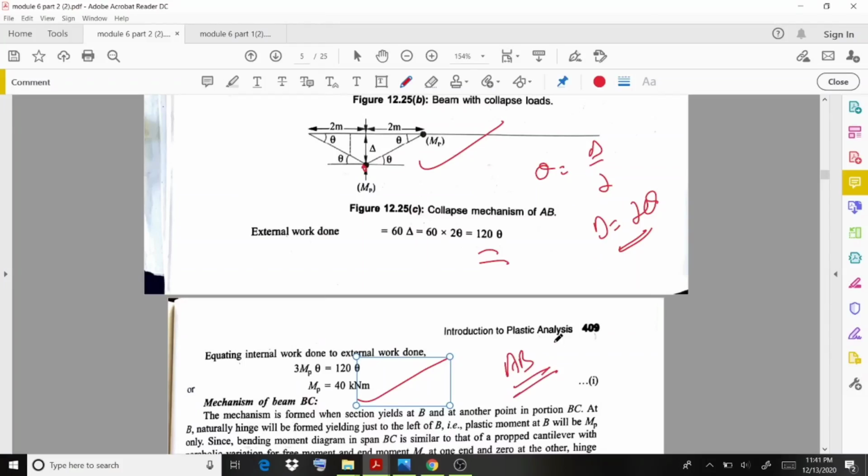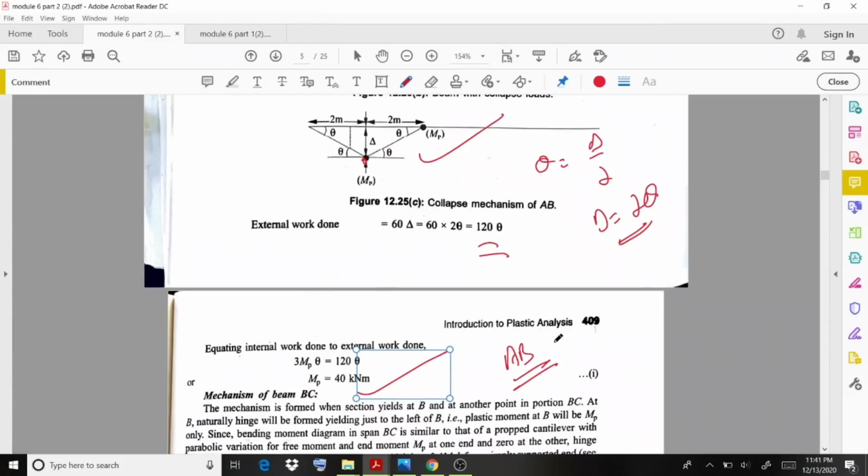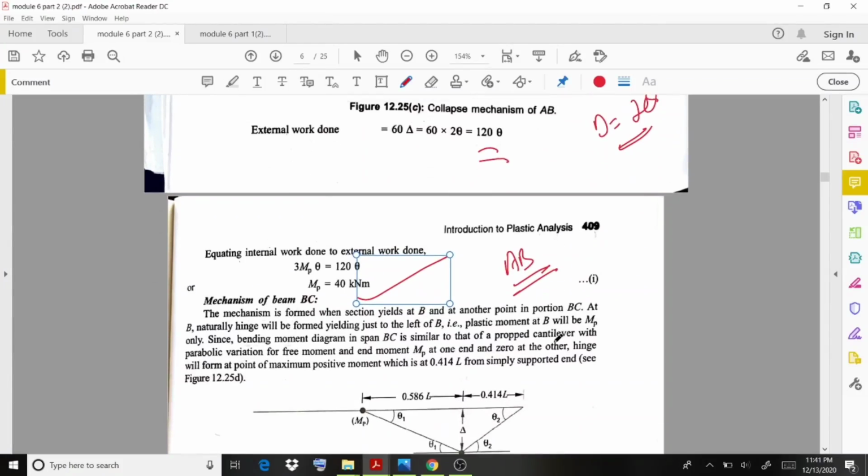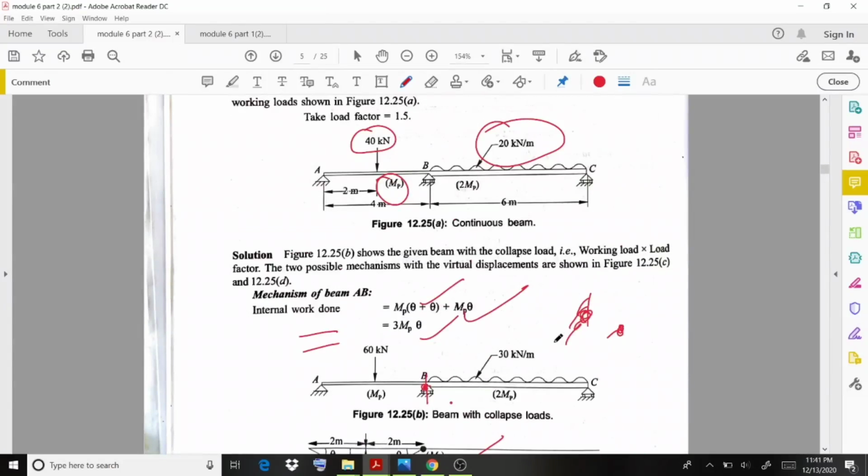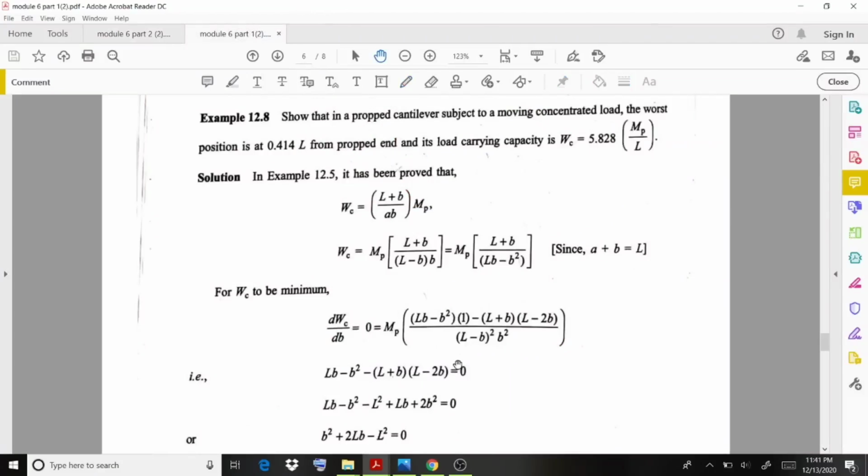Similarly, you have to work out the next one, the BC portion. In this case, if you observe this diagram, it is fixed at one end, so a UDL is acting over a propped cantilever beam. Already we derived an equation for this propped cantilever beam.